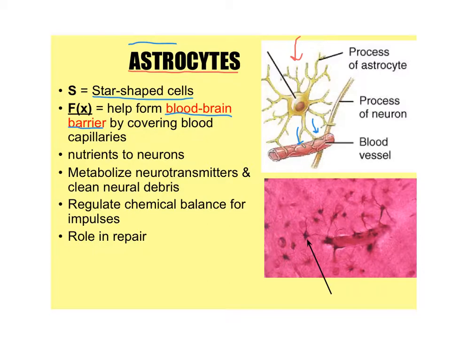This is good because they can block things like bacteria from getting into the brain, which obviously would not be good. These guys are also like little cleaners because they metabolize or break down the neurotransmitters that are released, and they also clean neural debris. They regulate chemical balance for the nerve impulses to occur, and they play a role in repairing any damage.